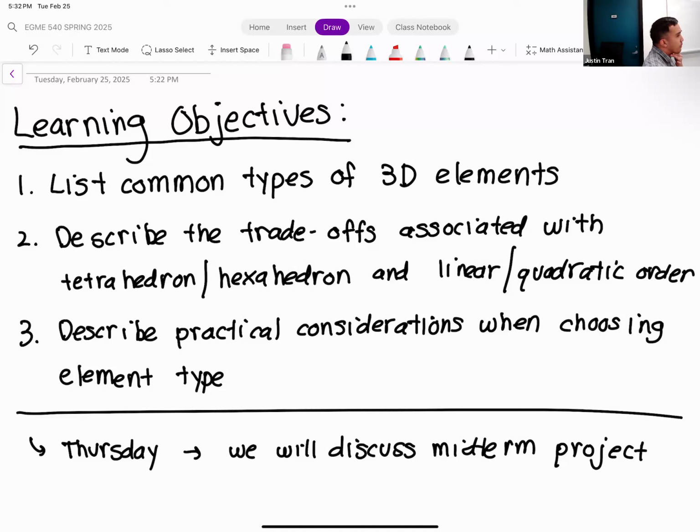I don't want to push it too far back though, because right after the midterm project, we're going to start on the final project. But if it's landing around the time of the comp exam, I'll push it a little bit. All right, any other questions on any of this? Okay, all right, so let's go ahead and get started.